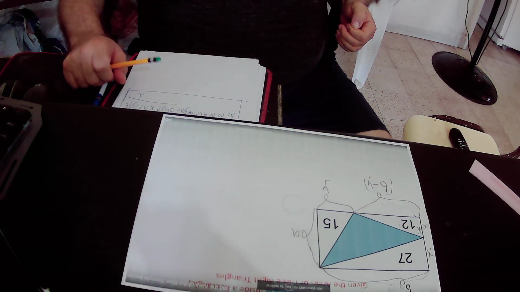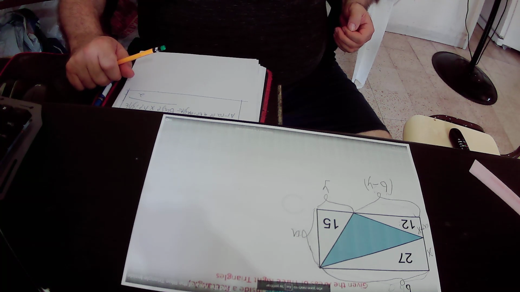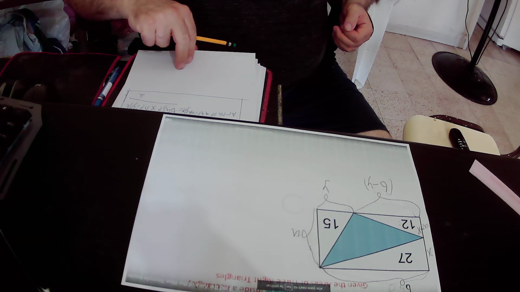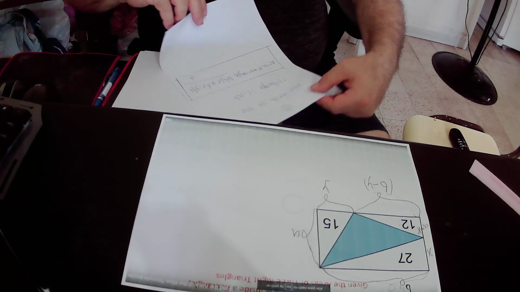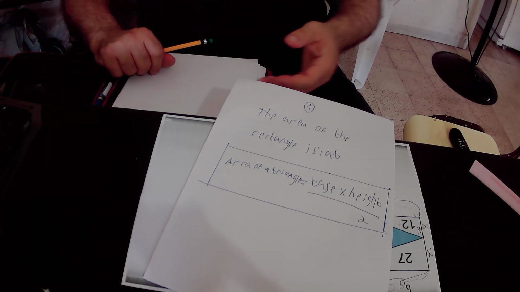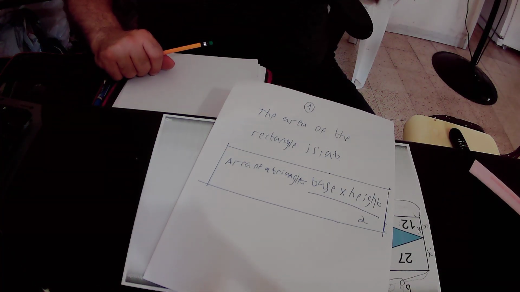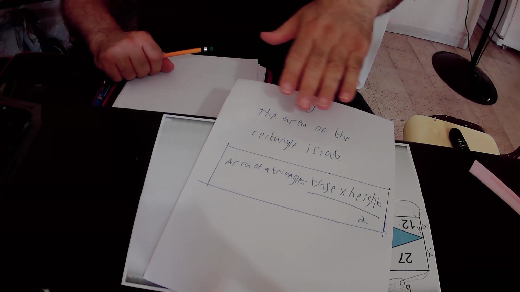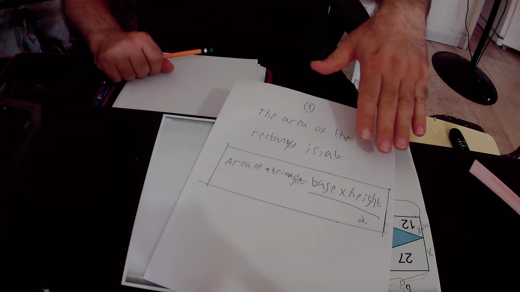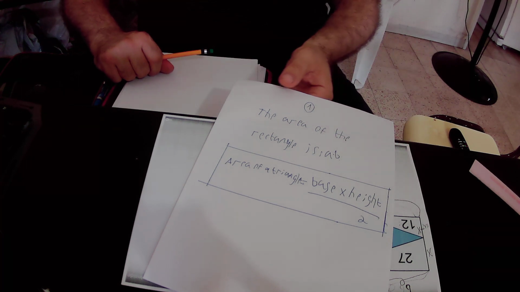Okay, so now we will return to the formula that calculates the area of a triangle: the base times the height to the base divided by 2.